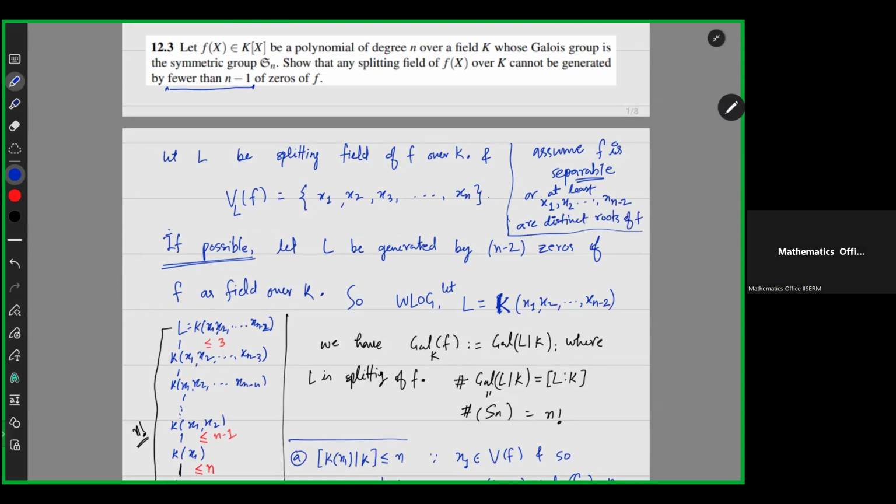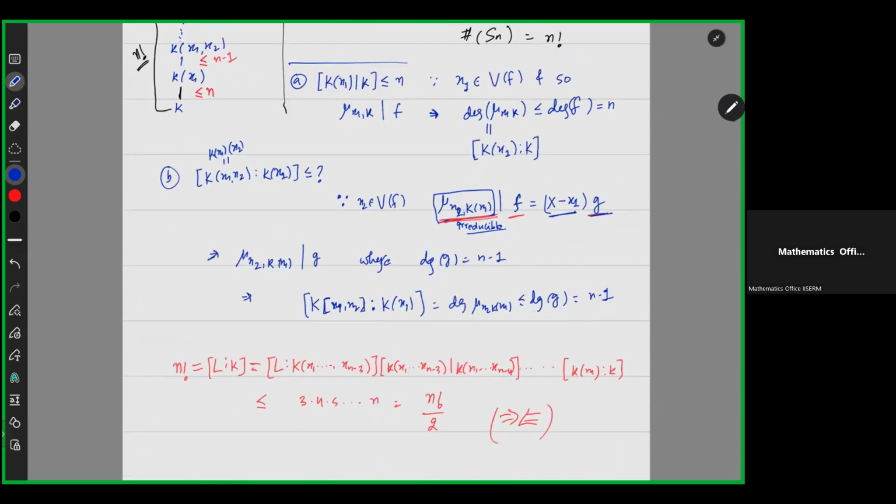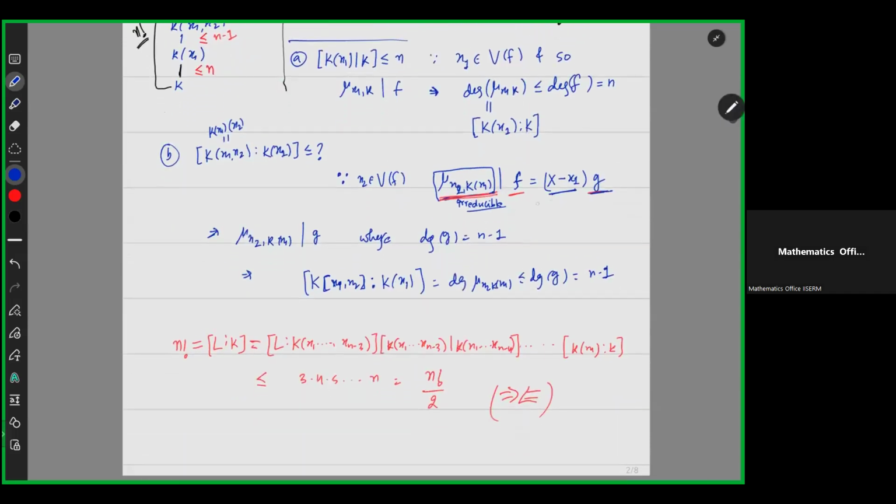So in this case, if it divides this, then x1 and x2 must be the same. Okay, but because x1 and x2 are different, this irreducible polynomial mu x2 divides g only.